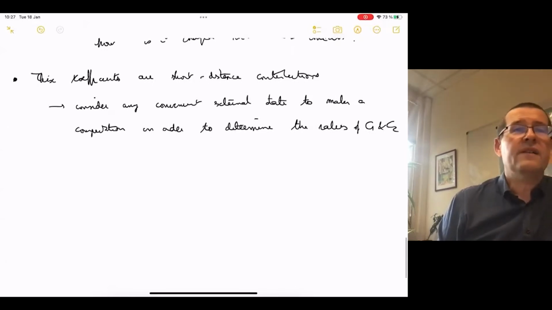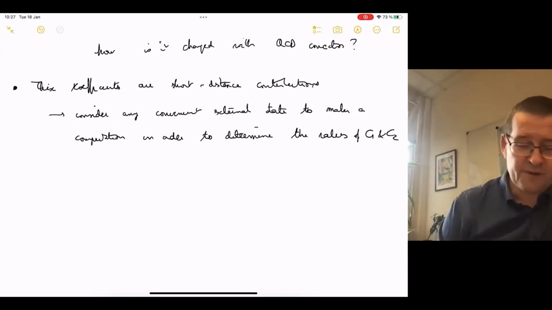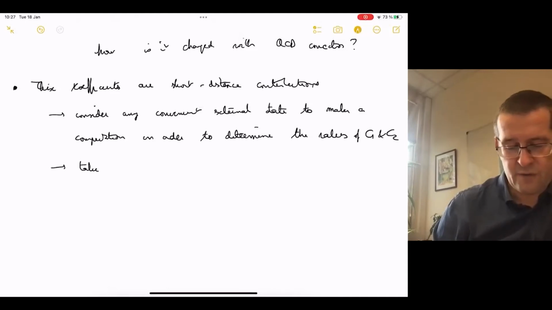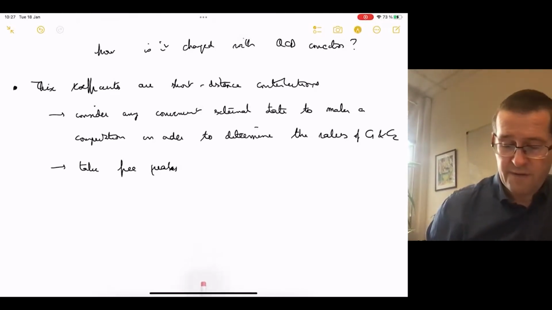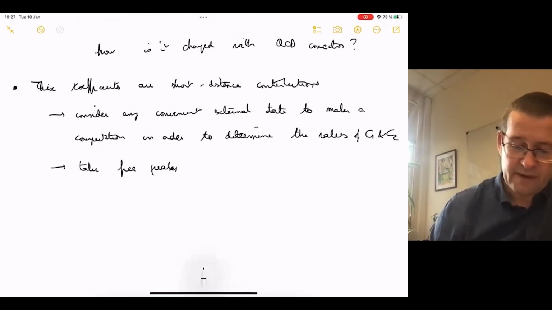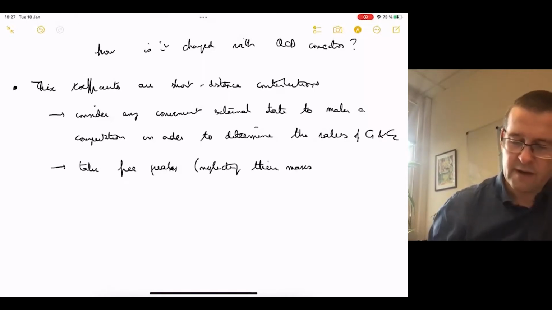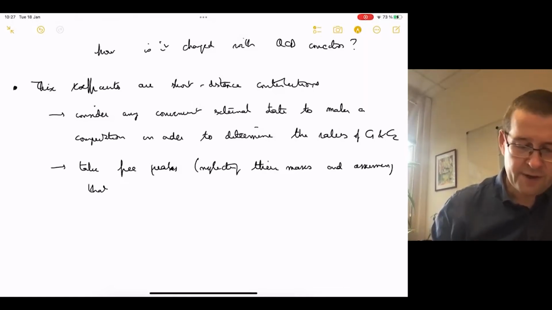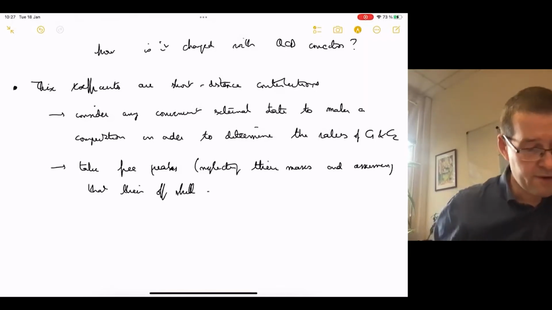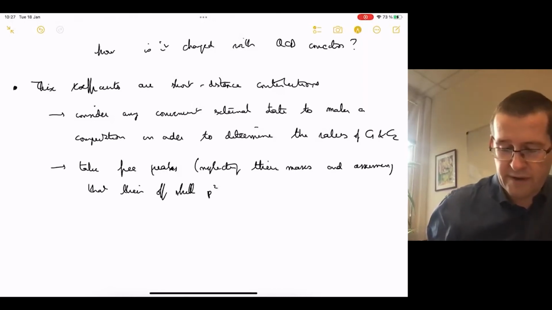So obviously, we can, in particular, take free quarks. That's what we're going to take. So neglecting the masses, and assuming that they are off shell by some quantity, which is going to be a p squared.